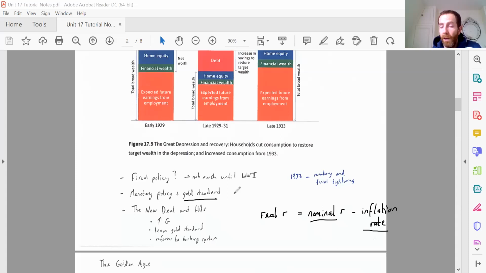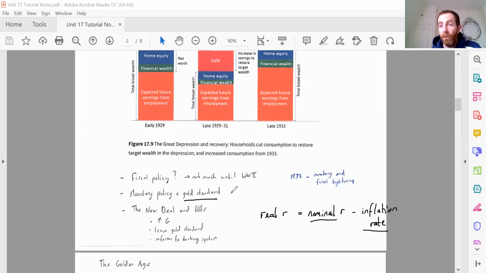And that would happen if foreign consumers wanted to get rid of their dollars and exchange those dollars for gold. Now, why would foreign consumers want to get rid of their dollars? Well, maybe they saw weaknesses in the US economy and so thought the dollar's not safe. Let me turn my dollars into gold instead, because gold is much safer.